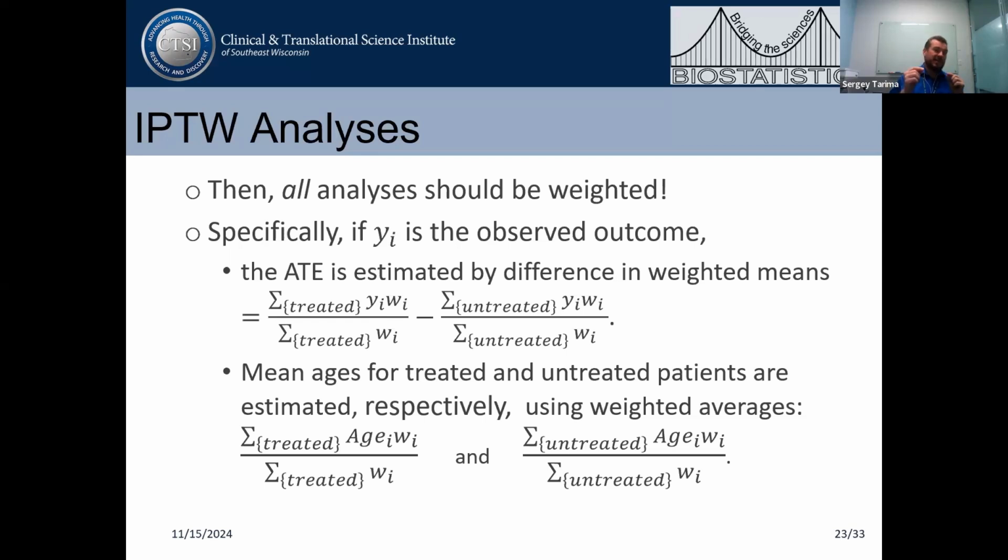What is interesting is that when we use inverse probability weighting, in this case, our weighted ages will be approximately the same between the 2 different groups. And then the propensity score is used for inverse probability weighting. Then so-called love plots are created.